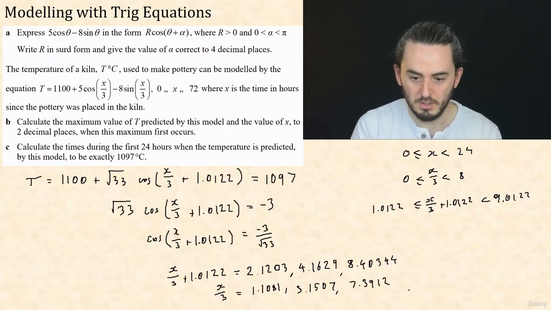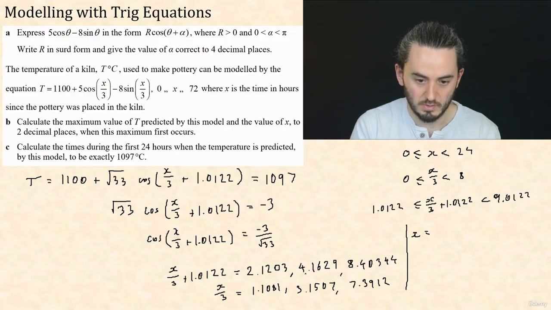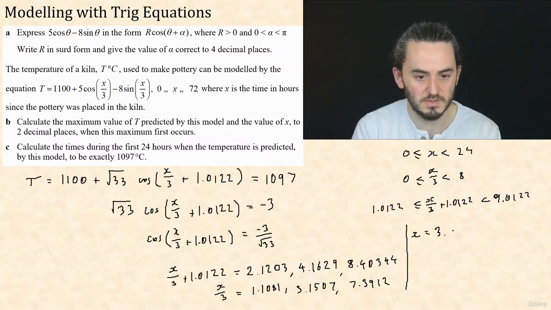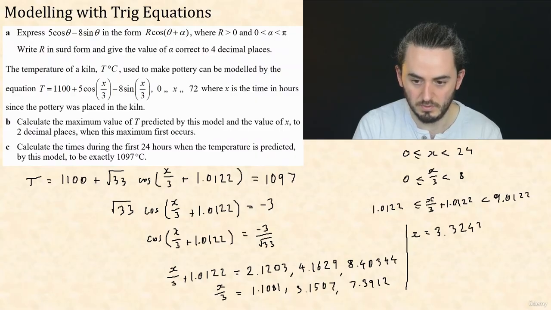That gives 7.3912. So finally, I'm at a position where I can figure out what x is by just multiplying through by 3. So 1.1081 times 3 is 3.3243. Or if I use my next value, 3.1507, that gives me 9.4521.